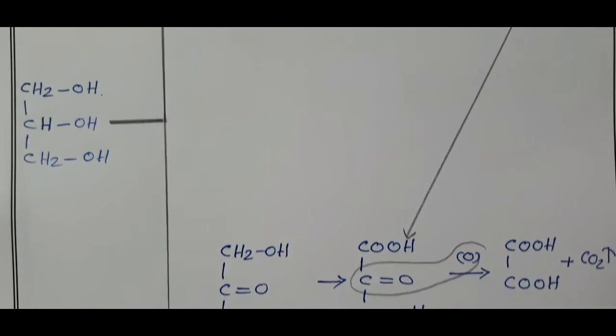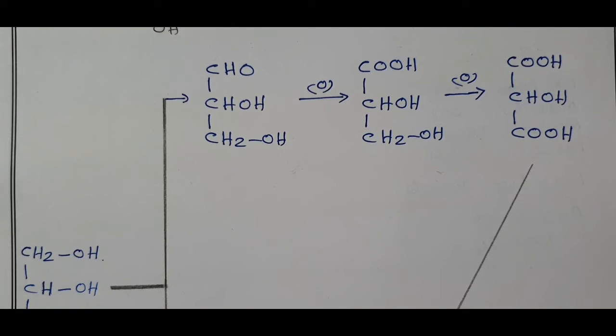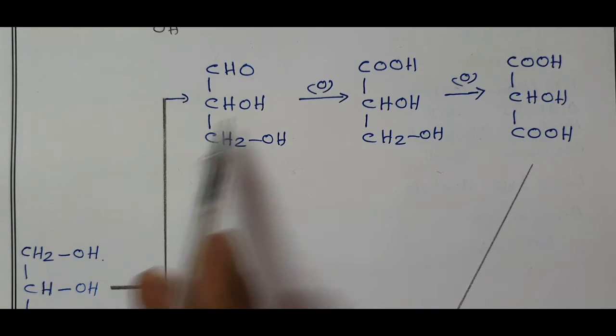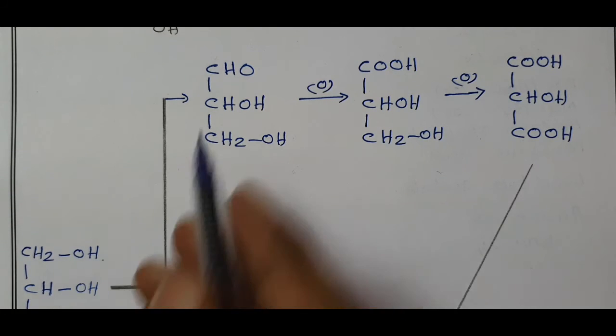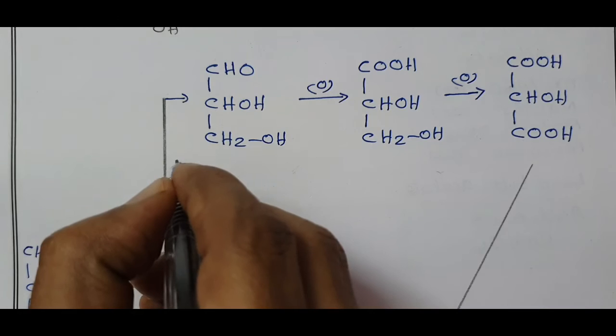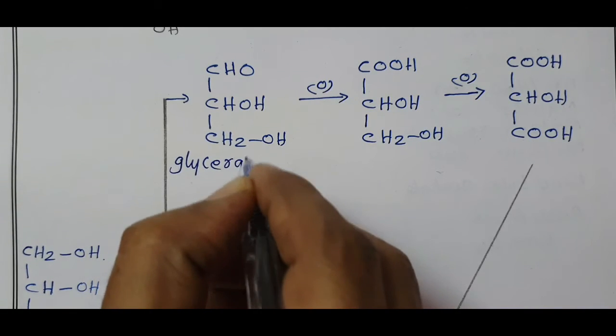Now, before discussing the oxidizing agent used in different oxidation reactions, I am going to write all the common and IUPAC names of these compounds. This is our glycerol. The next compound contains one aldehyde functional group. Therefore, this is called glyceraldehyde.